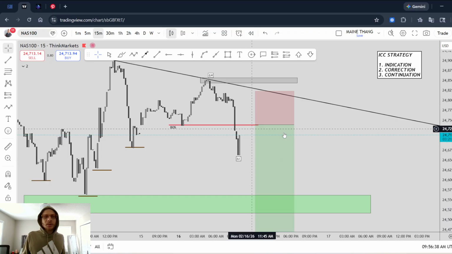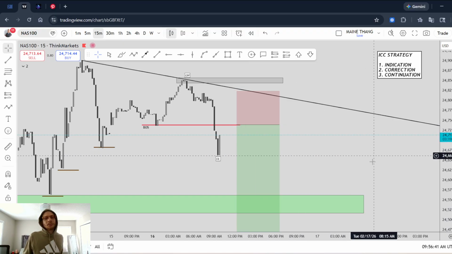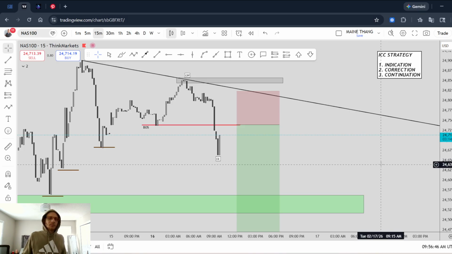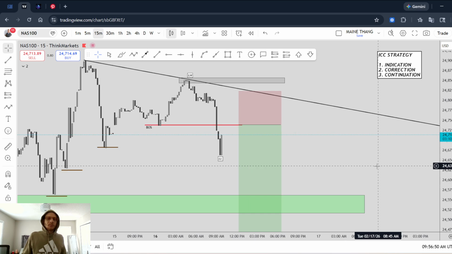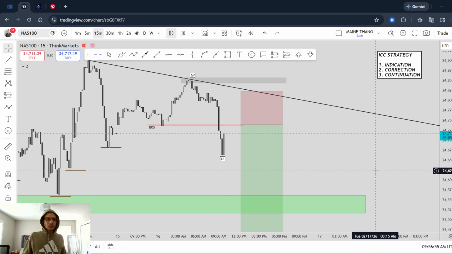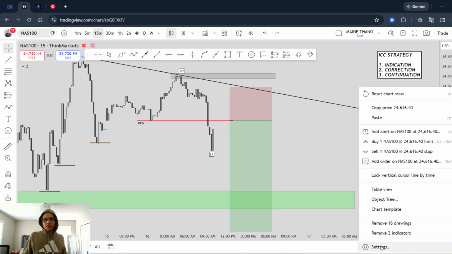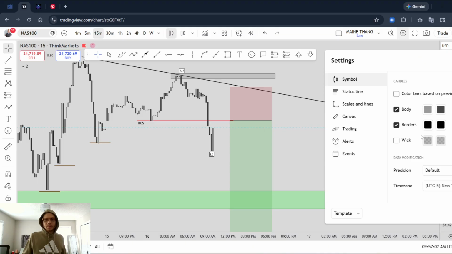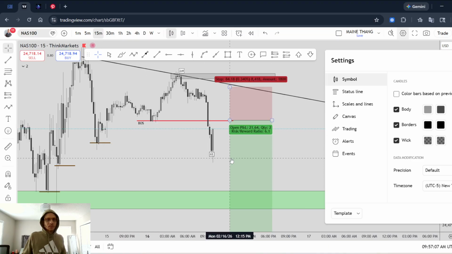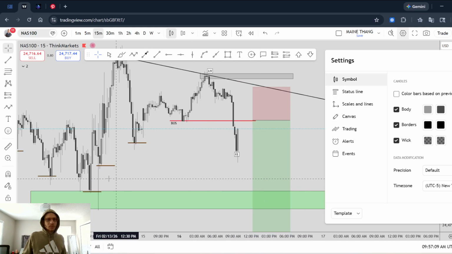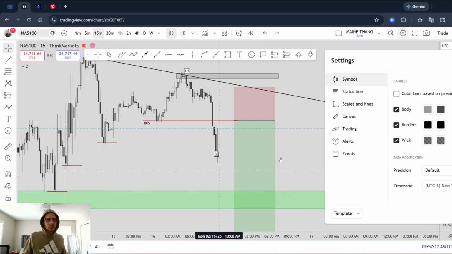Got 3 more minutes on this candle right here. It's a long week too.